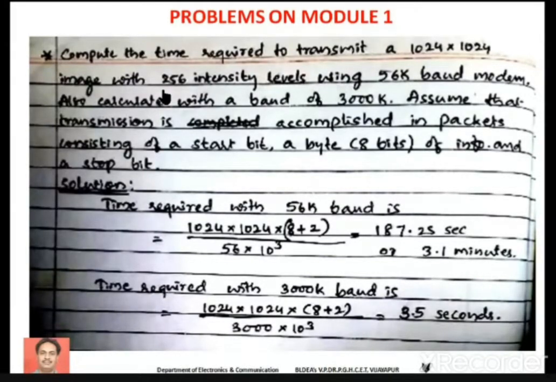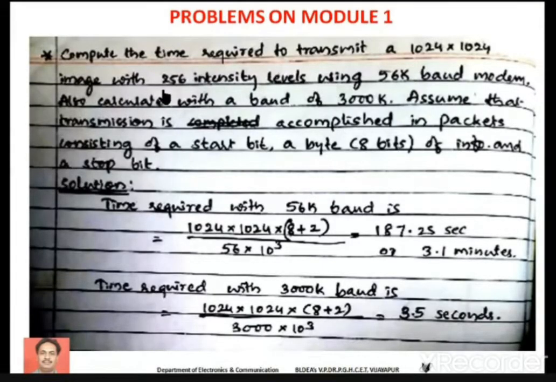Now if you calculate, we get the total time required to transmit this image is 187.25 seconds. Or in minutes, you can calculate it as 3.1 minutes. You got the answer in seconds, then later it can be converted into minutes simply by dividing by 60, right?